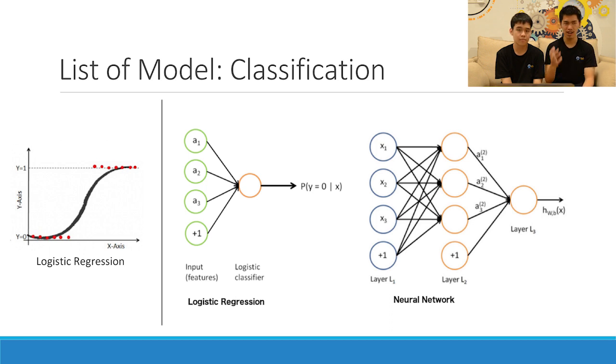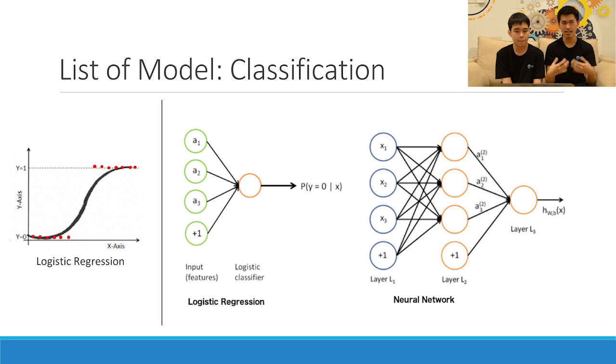Well, we use logistic regression. Logistic regression is simply like linear regression. It's just that we apply a certain function, which is called an activation function, which can be used to classify the inputs. Now, let's talk more about neural networks. Logistic regression is also a type of neural network, but it's a simple neural network.